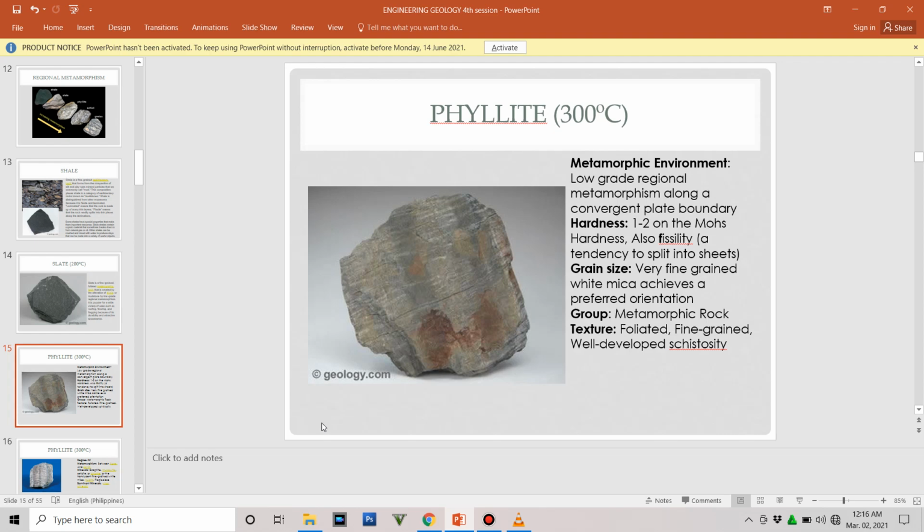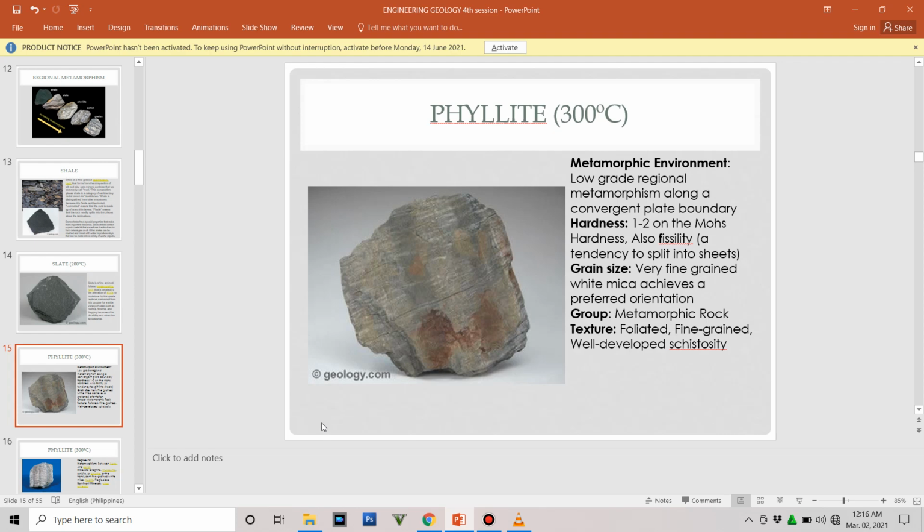And then the grain size is very fine-grained, and white mica achieves a preferred orientation. And then, of course, it belongs to metamorphic rock, and the texture is foliated.